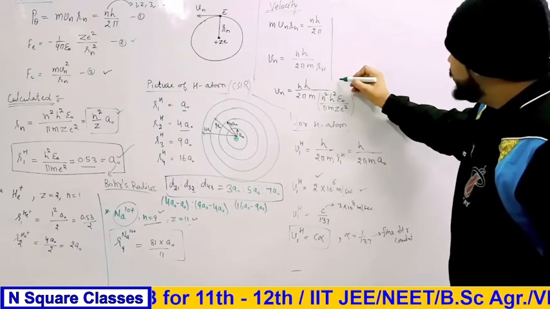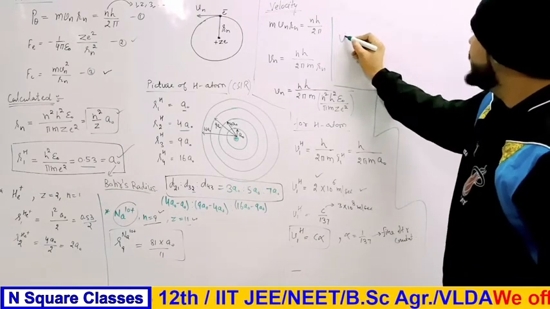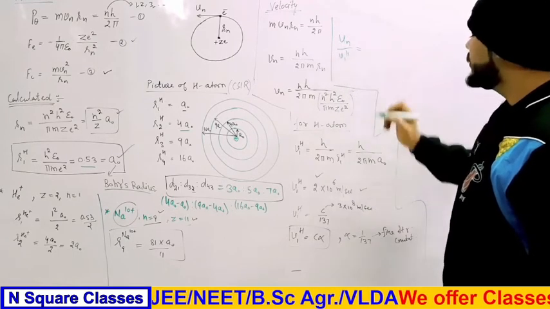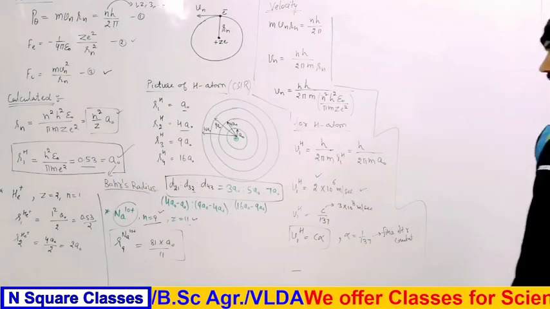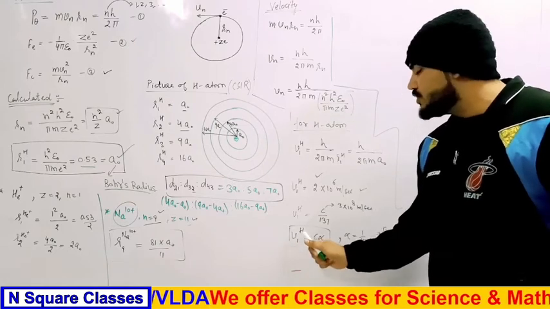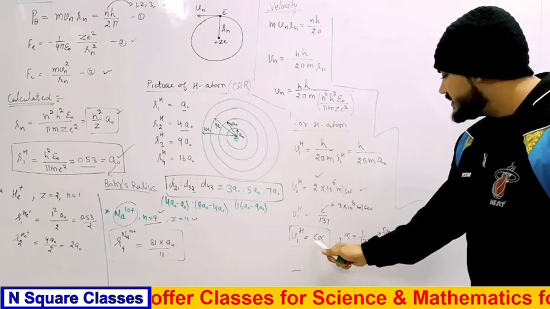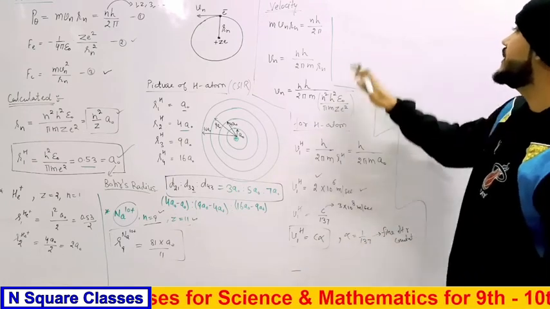Now when we take the ratio Vn upon V1H, we have calculated V1H, that is, the velocity of the electron in the first orbit of the hydrogen atom. Now this is c alpha, where c is the speed of light and alpha is 1 by 137, the fine structure constant.